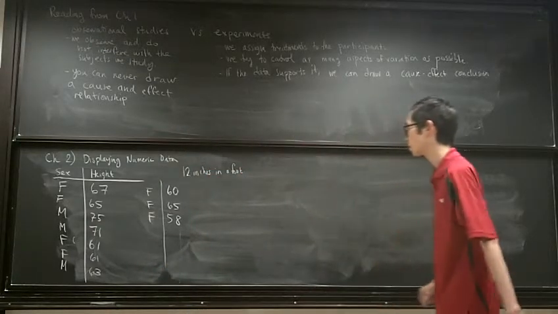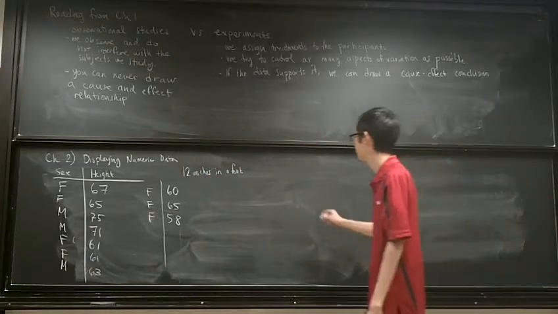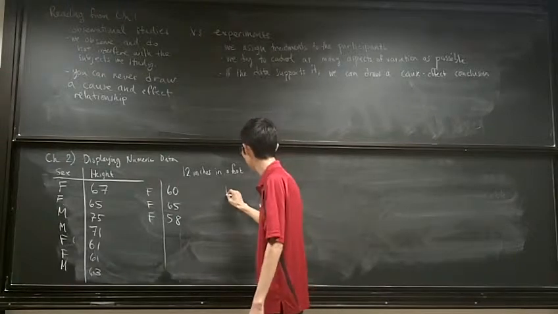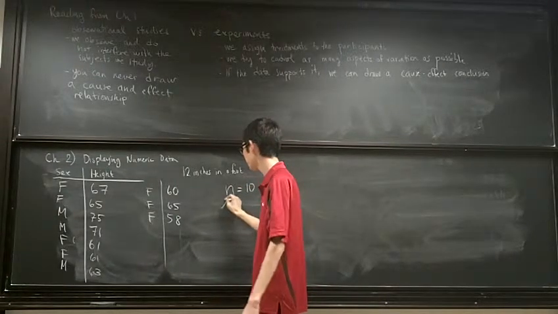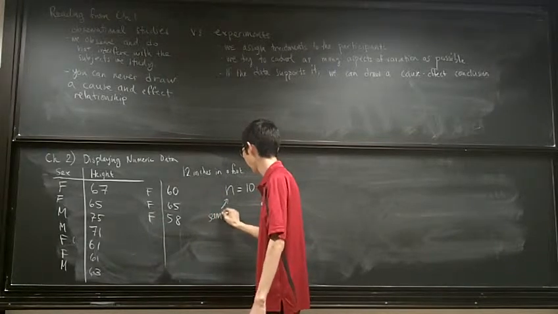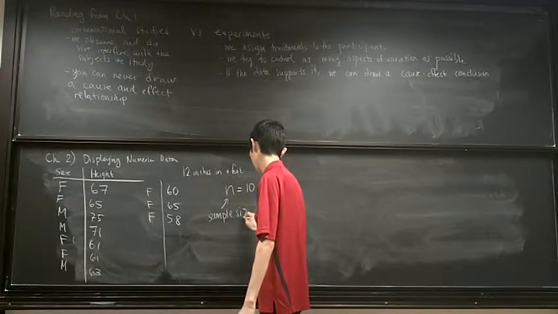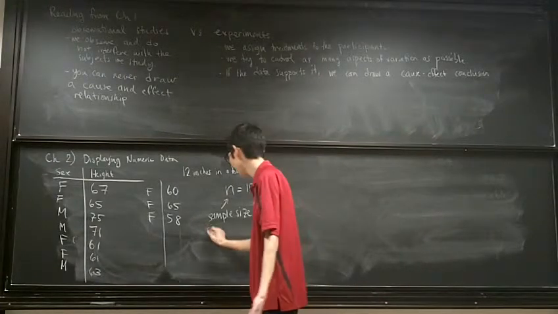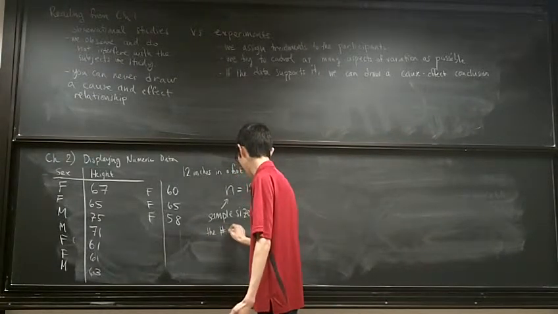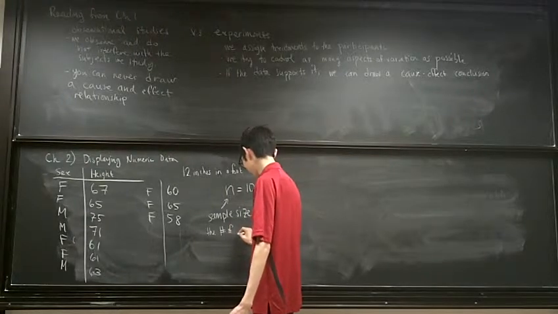Okay, that's great. So my N is 10. N is your sample size, or basically the number of data points you have. The number of numbers or data points.